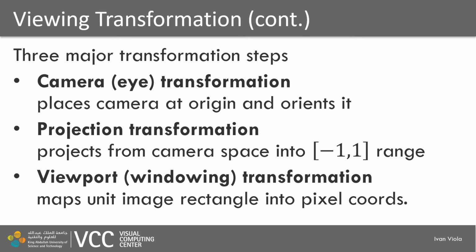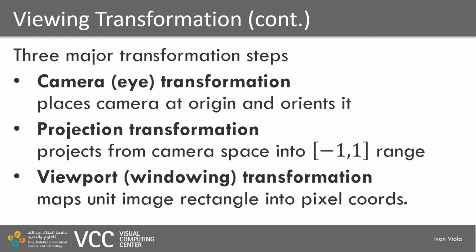First, we decompose this complex transformation problem into several smaller tractable transformations. These transformations will be the camera transformation, meaning that instead of world coordinates, we will be representing the points in so-called eye space or camera space.